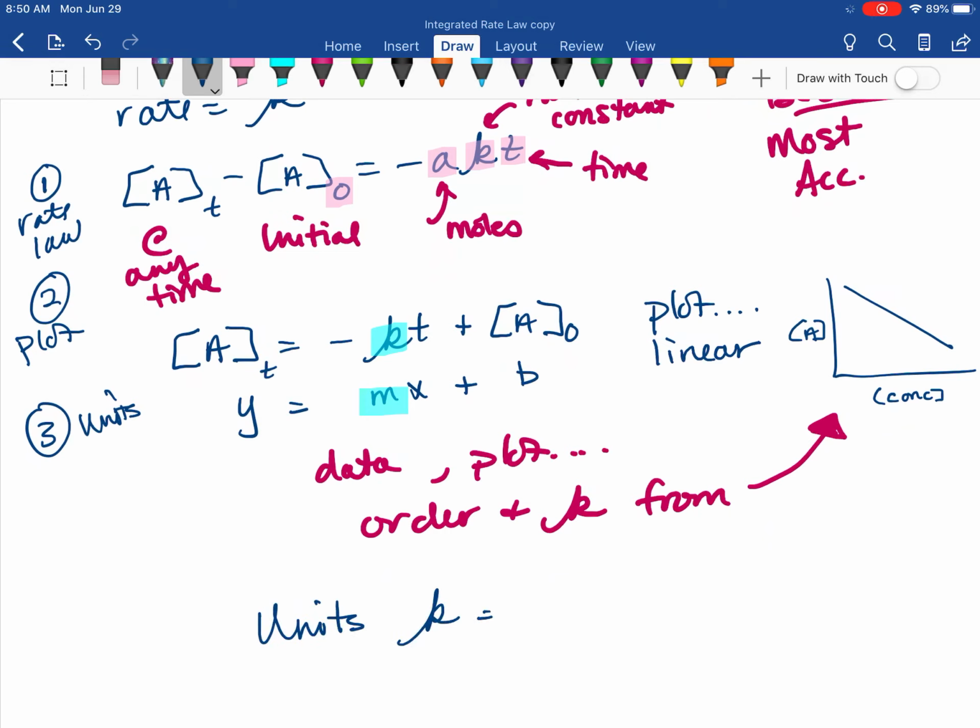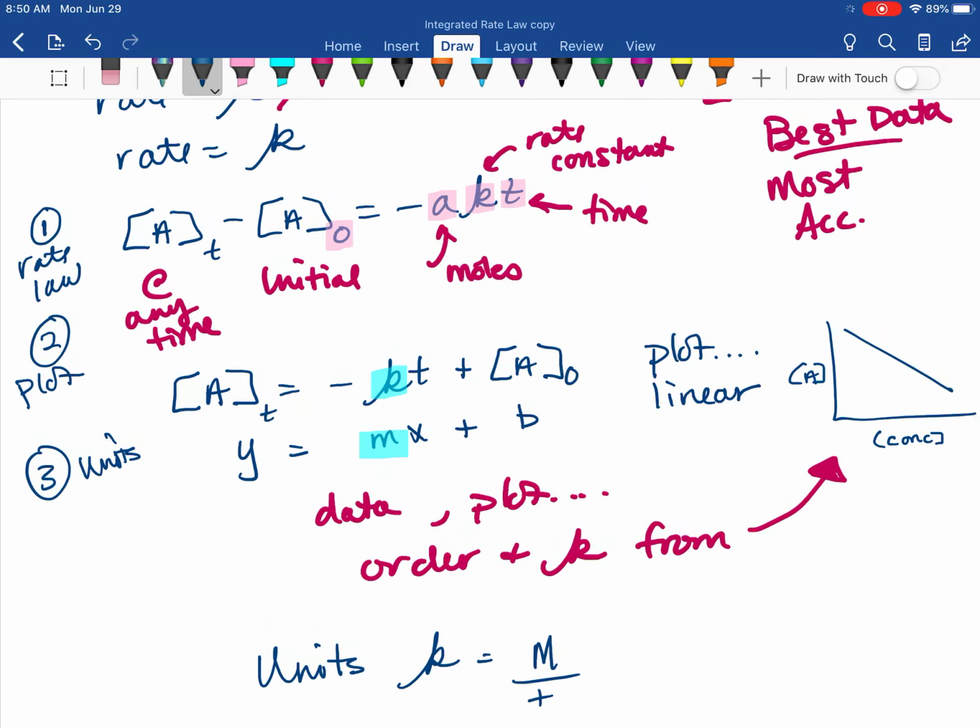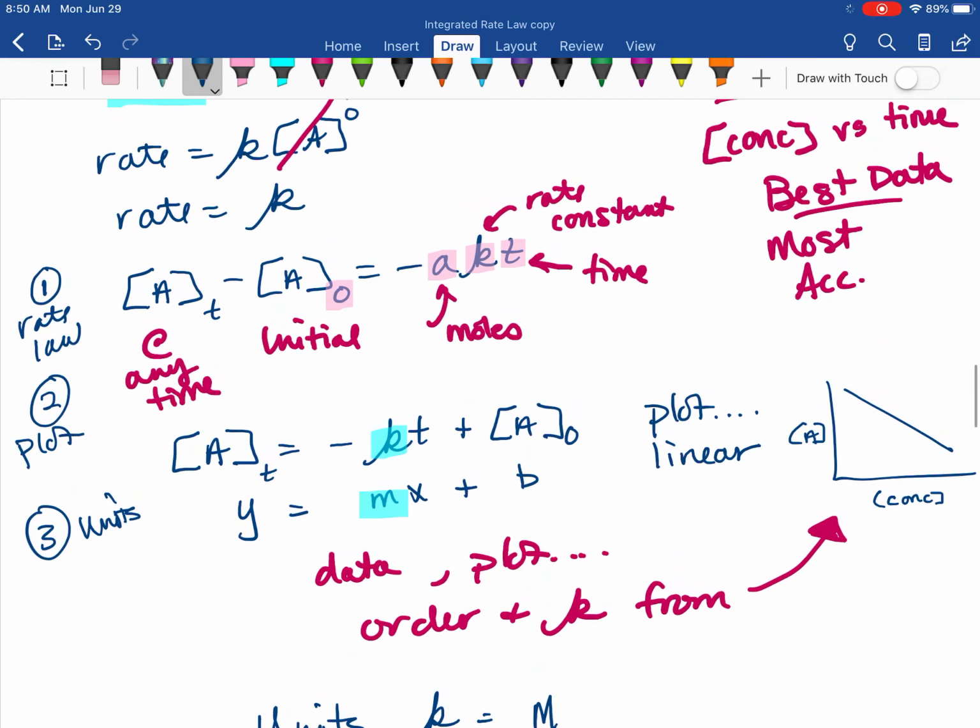Our units of k are going to be molarity over time. Yay. Okay, this is super fun. So pause right now. I'm writing your cheat sheet. When we discover we have a zero order reaction, this is what we're going to solve for. So these are the equations that we're going to use.